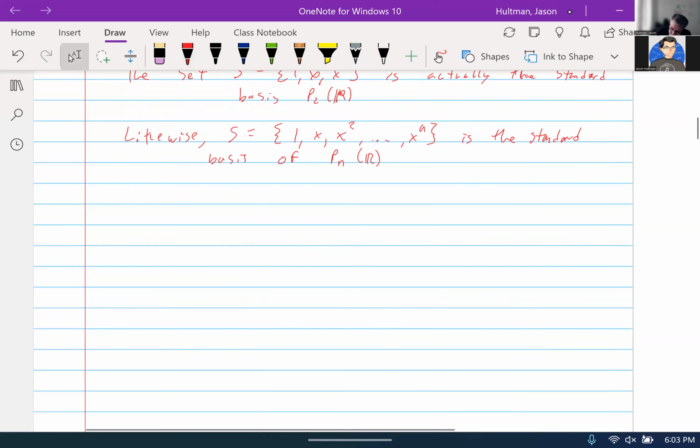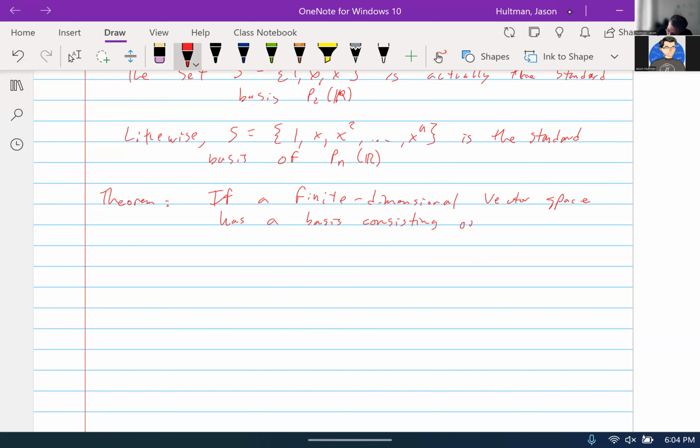Okay, let's look at a theorem here. If a finite dimensional vector space has a basis consisting of n vectors, okay?